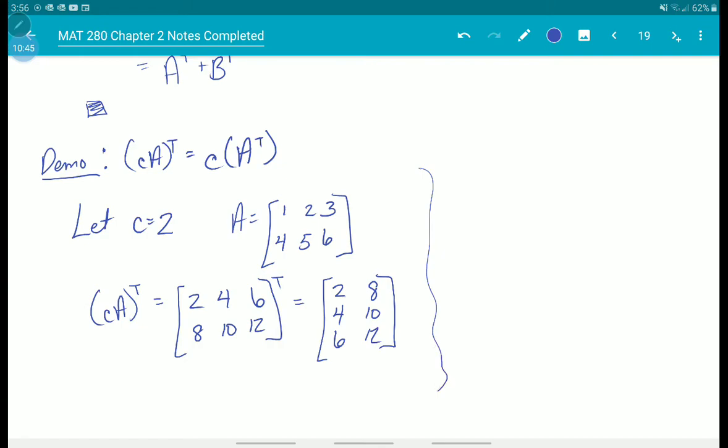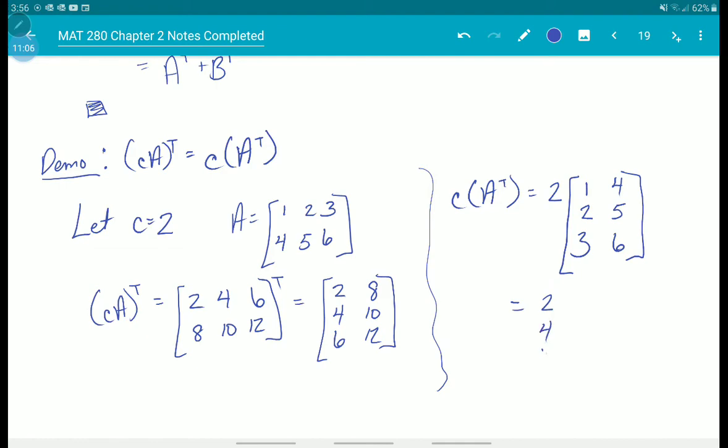Now, if we look at C times A transpose, our C is 2. A transpose would look like this. And if we were to multiply that scalar in, we get that.